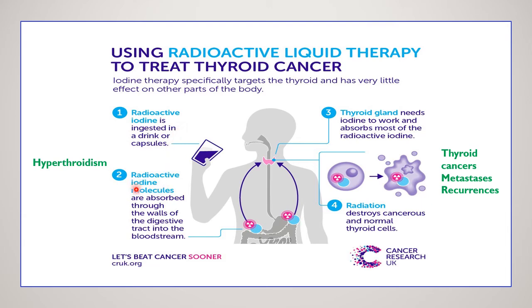Secondly, radioactive iodine molecules are absorbed through the intestinal tract and go into the bloodstream, where the thyroid gland absorbs most of the radioiodine into itself. In the process, it destroys itself and the cancer cells. It must be remembered that radioiodine therapy destroys not only the cancerous cells but the normal thyroid cells as well, because these normal thyroid cells also take up the radioiodine.